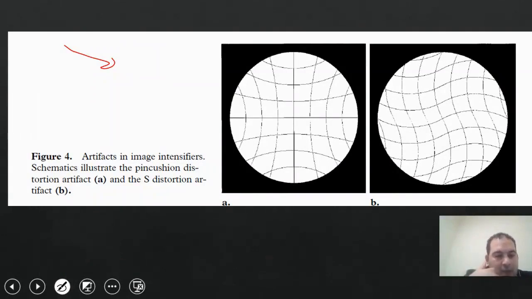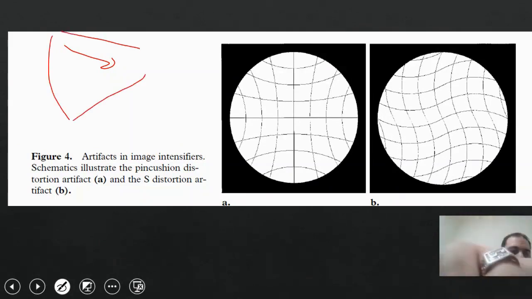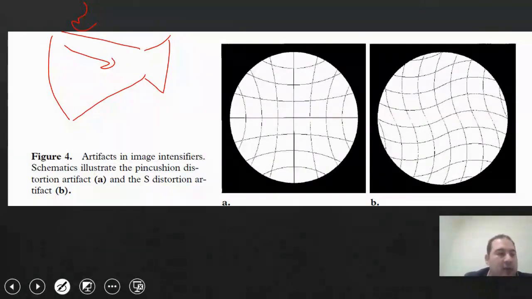Well, if there is a magnetic field, the image intensifier has been exposed to it. This magnetic field can be generated by computer systems, for example, or by devices around the image intensifier. Anything that conducts electricity will have a magnetic field.